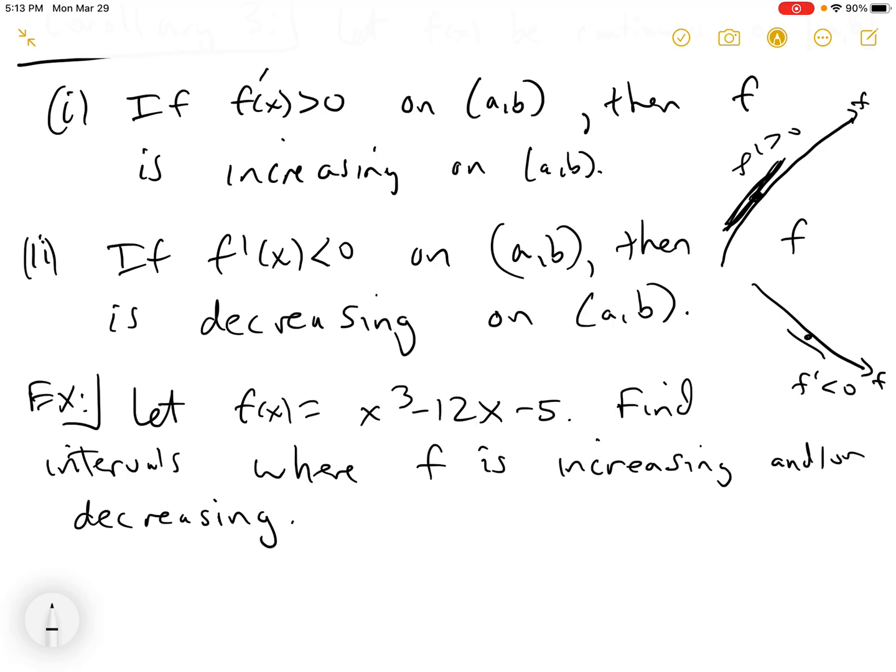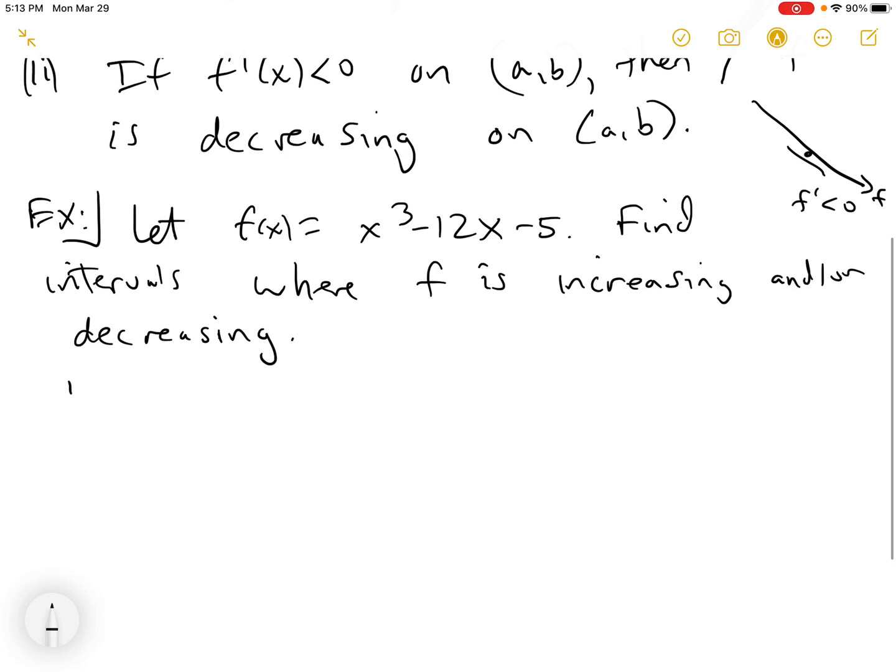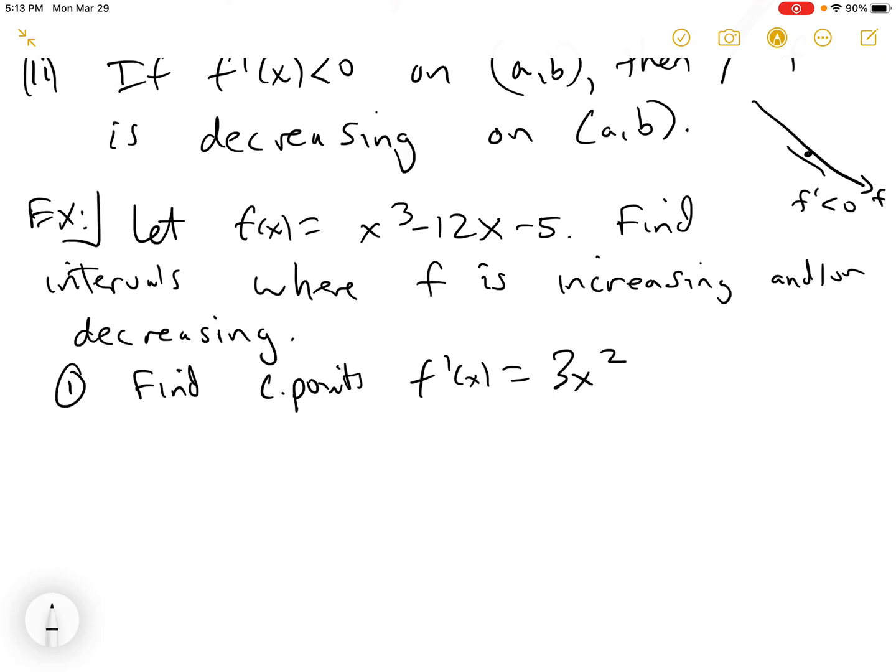All right, so step 1 is to find the critical points. Compute f prime of x. You get what? 3x squared minus 12. And set it equal to 0.